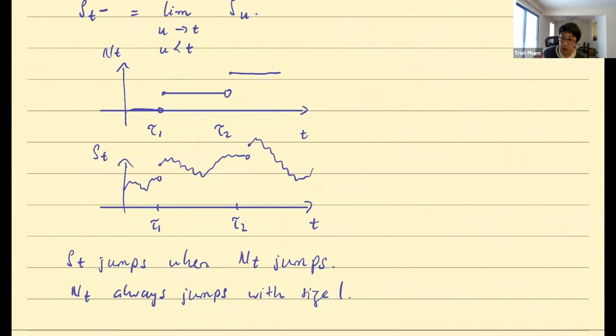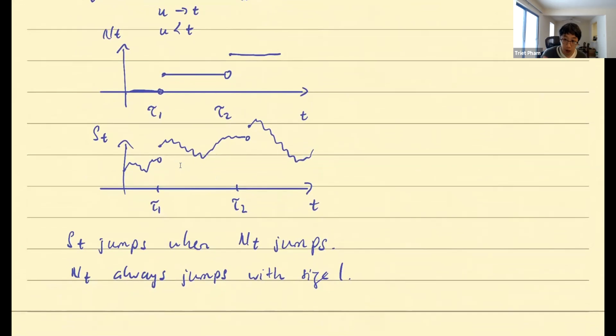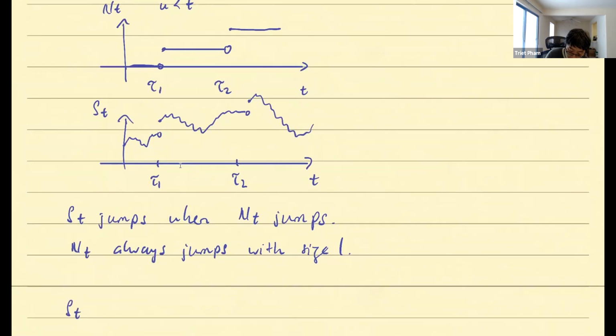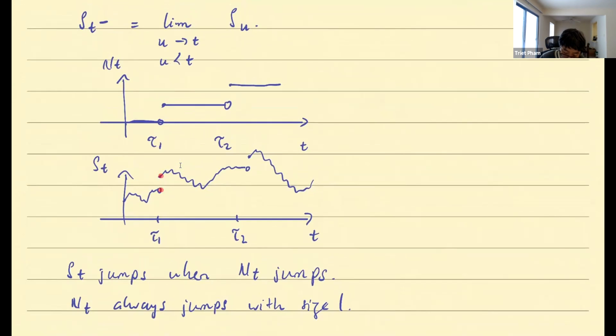But it's important that you see why the jump is only up now, right? So NT always jumps with size 1, that's by its definition. But the stock price, how much does ST jump? ST jumps with what size? Well, you see, where NT jumps, the stock jumps.